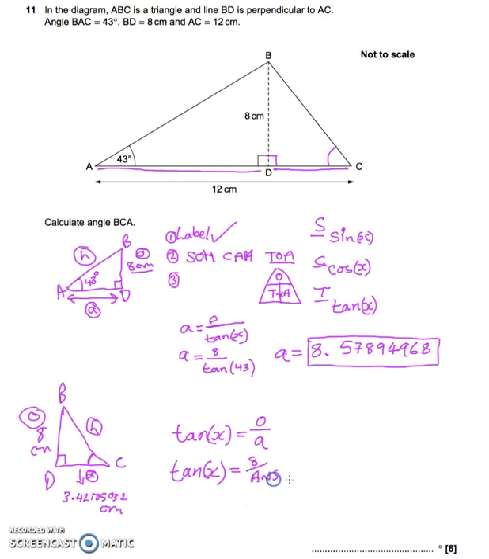So I'm going to put answer, and that's what I'm going to type into the calculator when I have inversed the trig ratio. You can't divide by tan, so the way that we get around that is we inverse the tan.